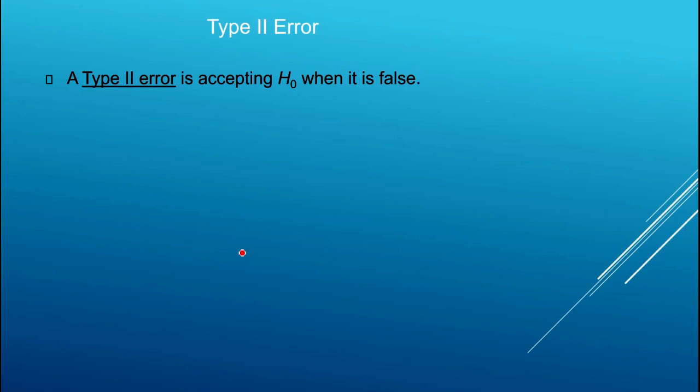Going back to our IQ example, we don't know the true value of IQ in the population. That's why we took a sample and we're doing statistics. But let's just say hypothetically that the true value of the average IQ in the population is actually equal to 120 and we're hypothesizing that it's equal to 100. Well, that's a really big gap between 100 and 120. That's pretty significant.